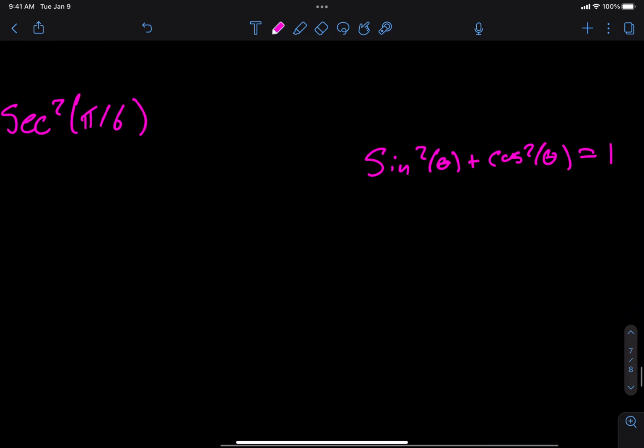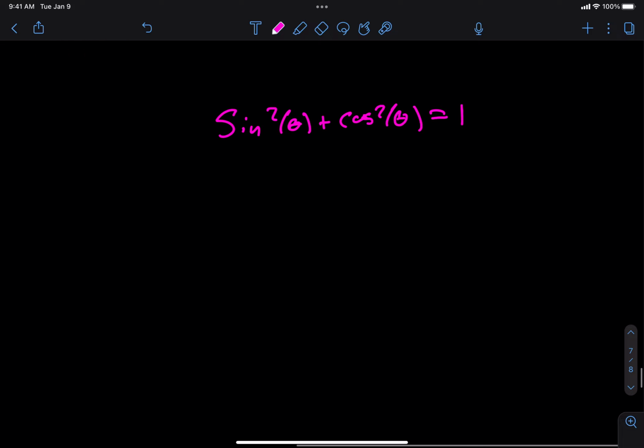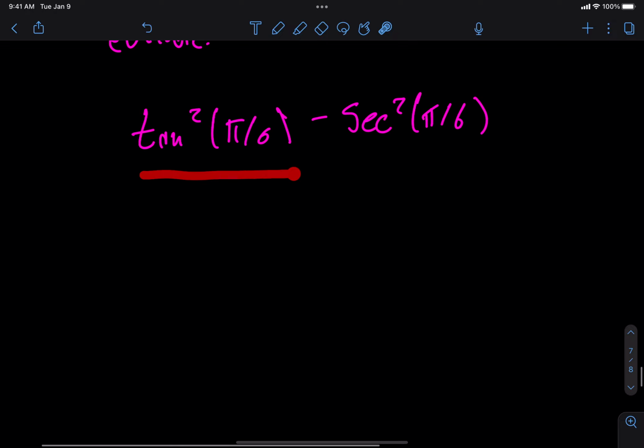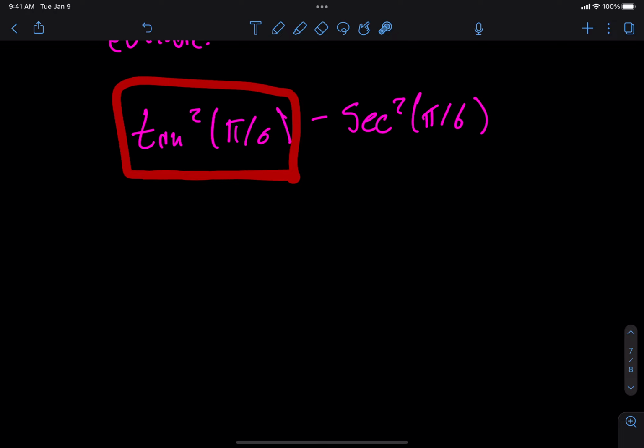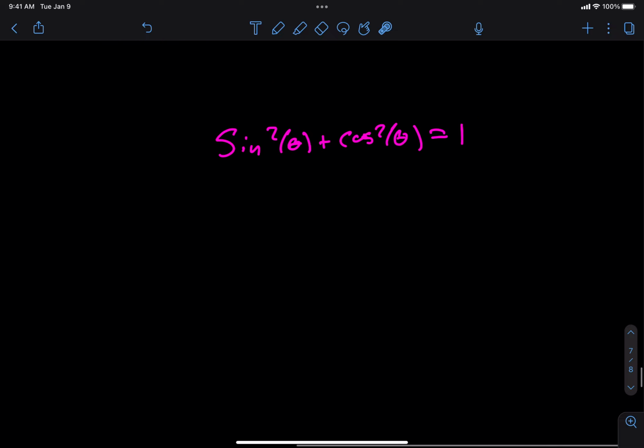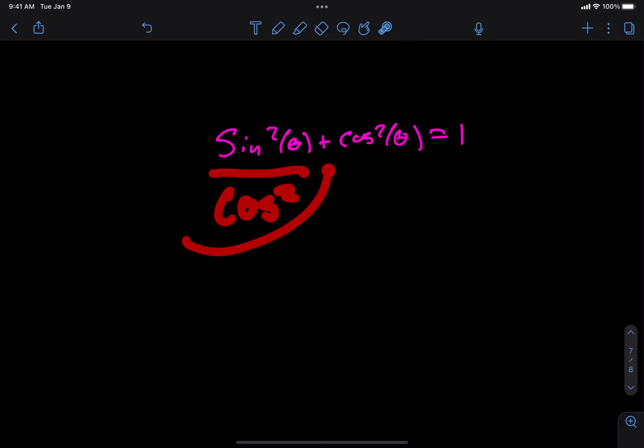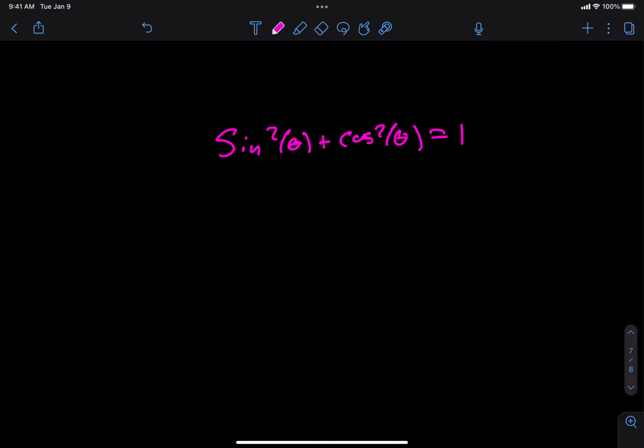So what do I do? I can take this identity and divide by either sine squared theta or cosine squared theta to get what I want. What I want is a tan squared theta in my final result. So I'm going to divide both sides by cosine squared of theta, because then this term turns into tan squared theta.